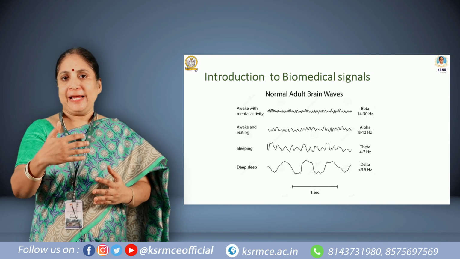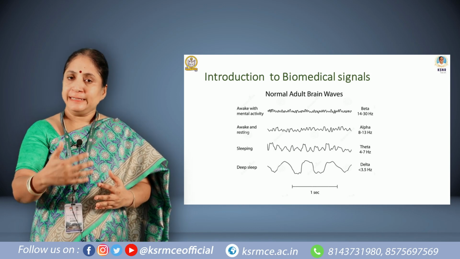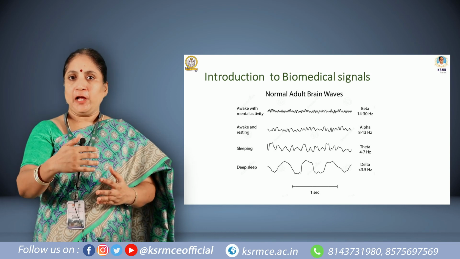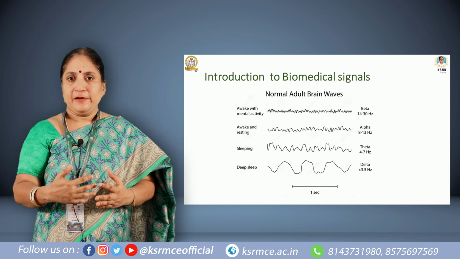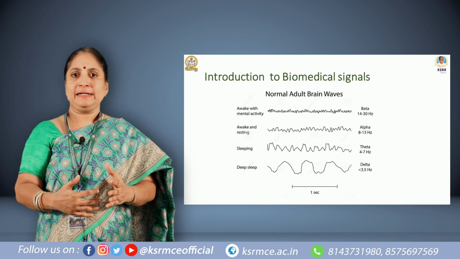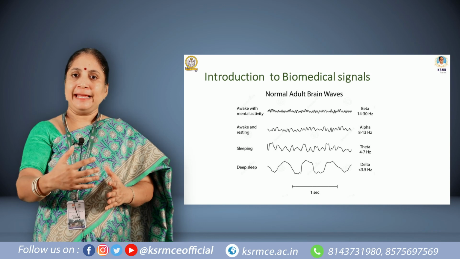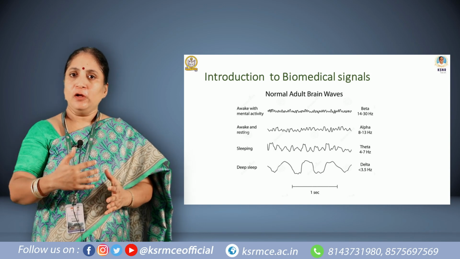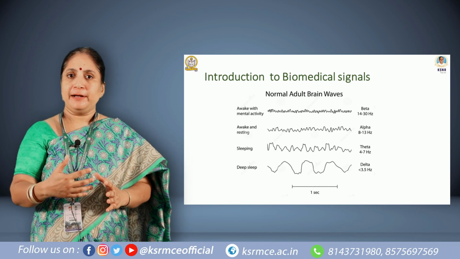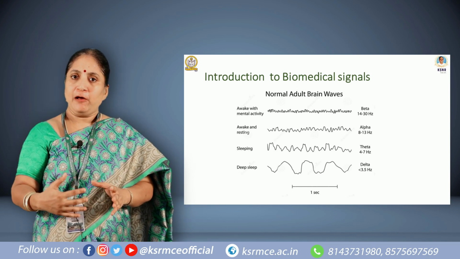If the patient is doing some activity and is active, then we have the first type of waveform. If the patient is not so active, we have the second type of waveform. If the patient is in sleep, we have the third type. If the patient is in deep sleep or a coma, we have the fourth type.